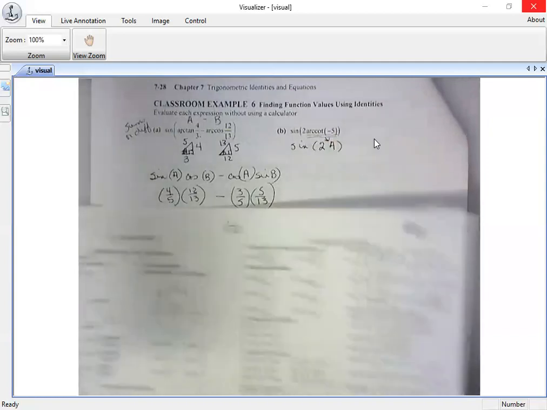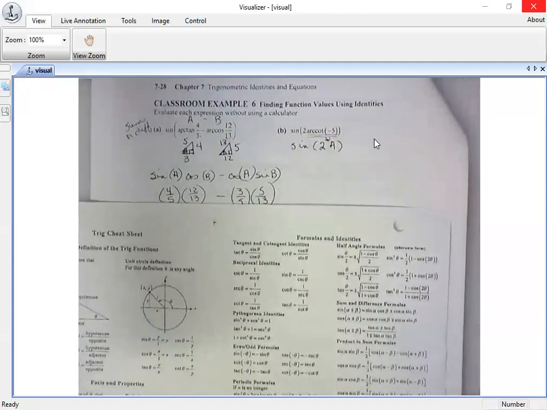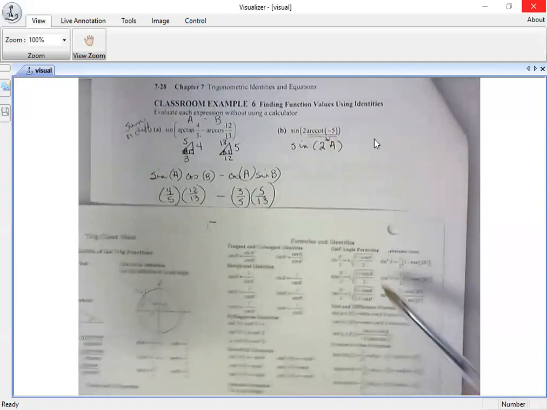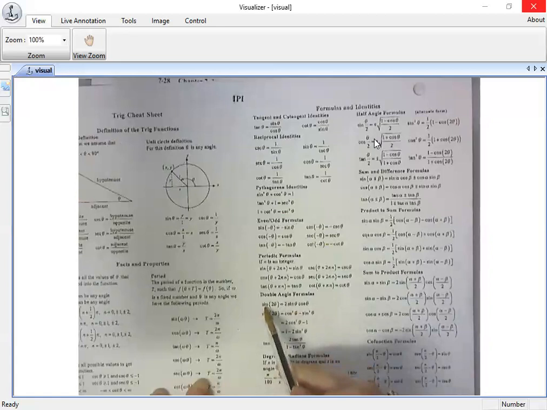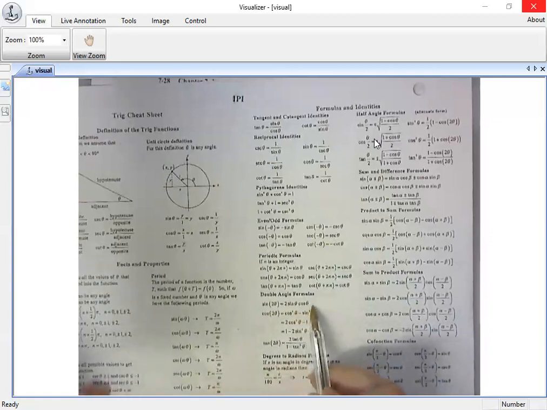Yes, I could look on my double angle formulas. There's the half angle, it's on the bottom. Thank you. Right there. The sine of 2 times an angle is 2 times the sine of that angle times the cosine of that angle.